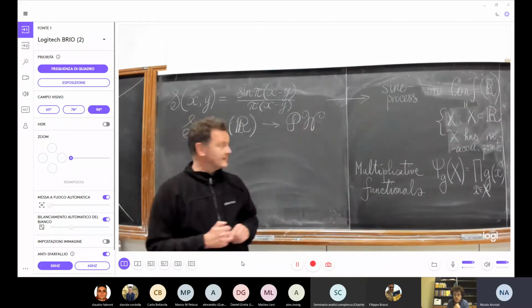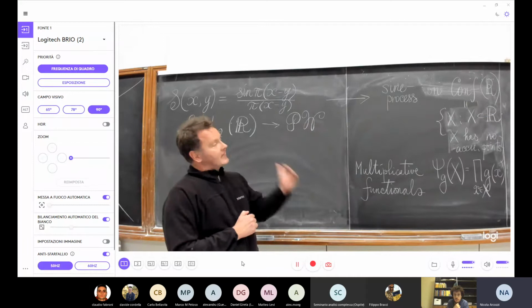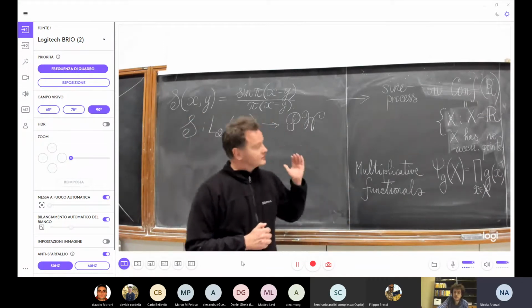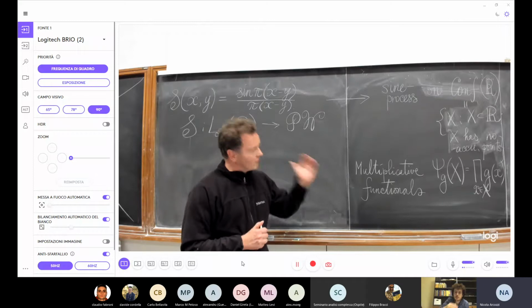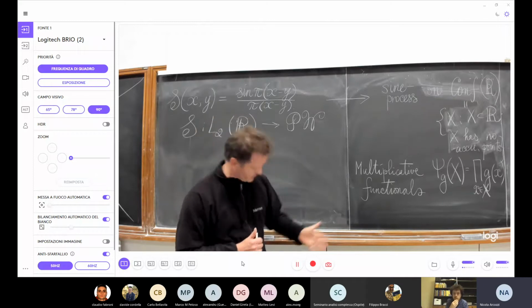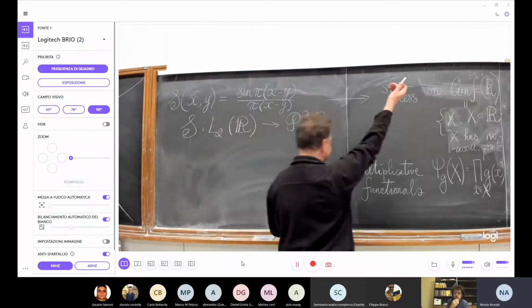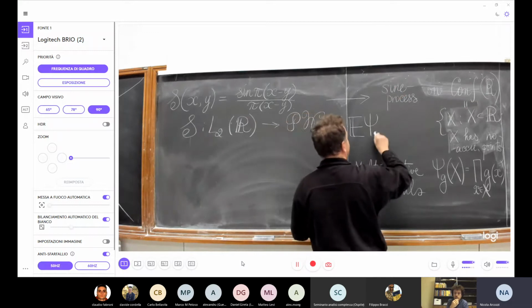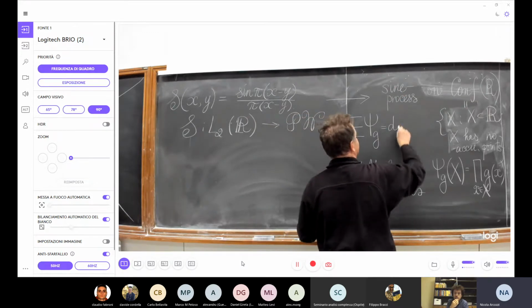To define such a measure, it is necessary and sufficient to define expectations of all such multiplicative functionals. And the expectation of such a multiplicative functional is given by a Fredholm determinant of this type.